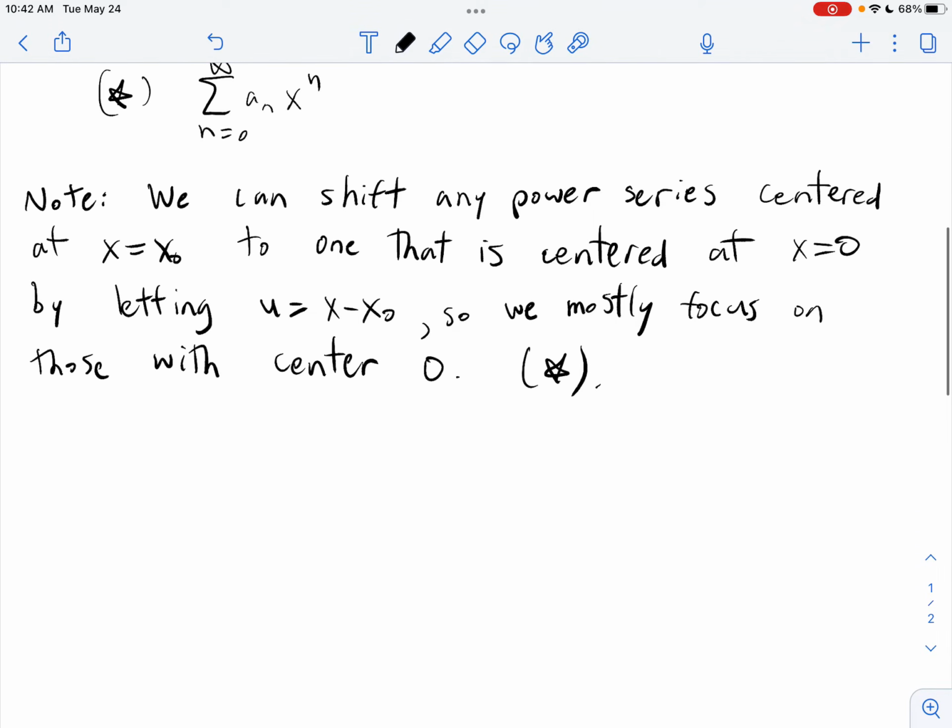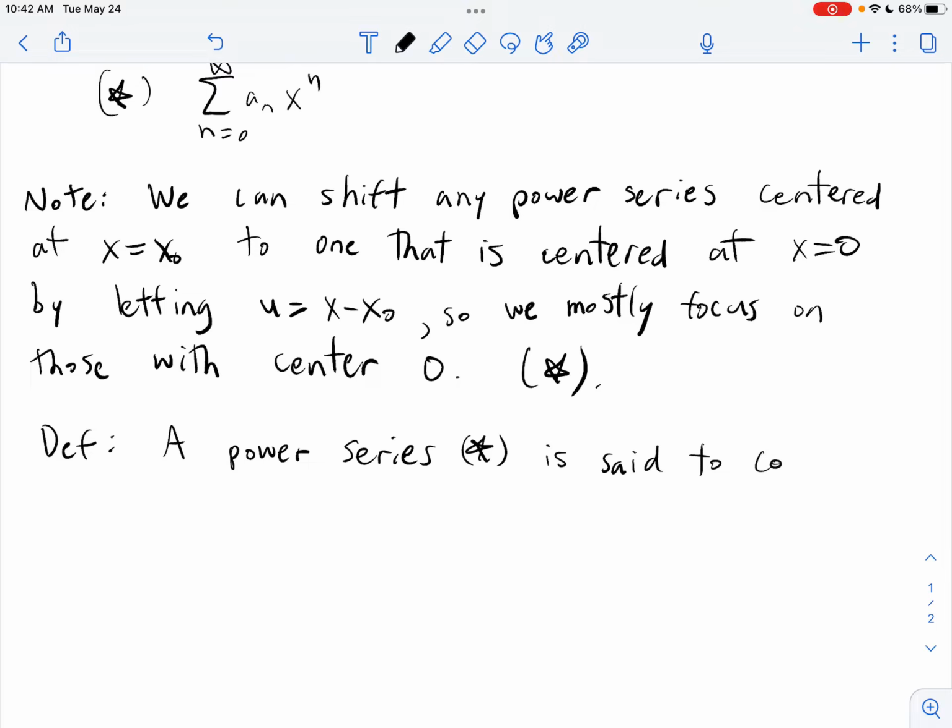So we need a definition here. What does it mean for a power series to converge at a number? So a power series star is said to converge at x equals x1 if plugging in x1 makes it converge.